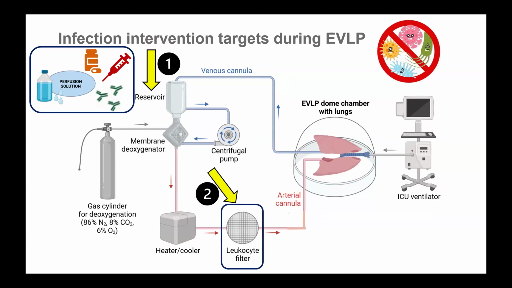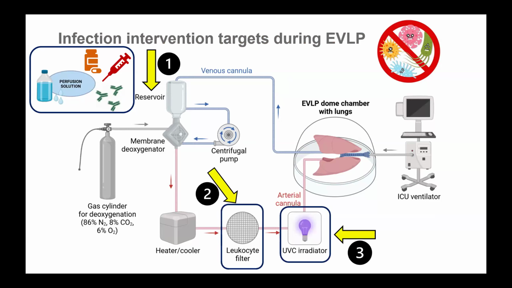What about the leukocyte filter? Can that be impacted so that we decrease the amount of particles that could pass through, therefore screening out some of the pathogens? Or can we add a UVC irradiator to help minimize the transmission and decrease the inoculum effect?